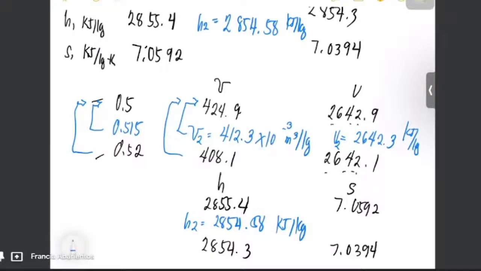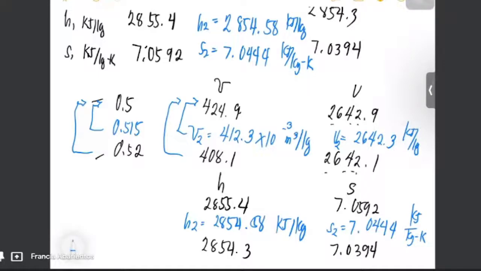Okay, so your answers are correct. 7.044 kilojoule per kilogram Kelvin. So we have now the different state points.